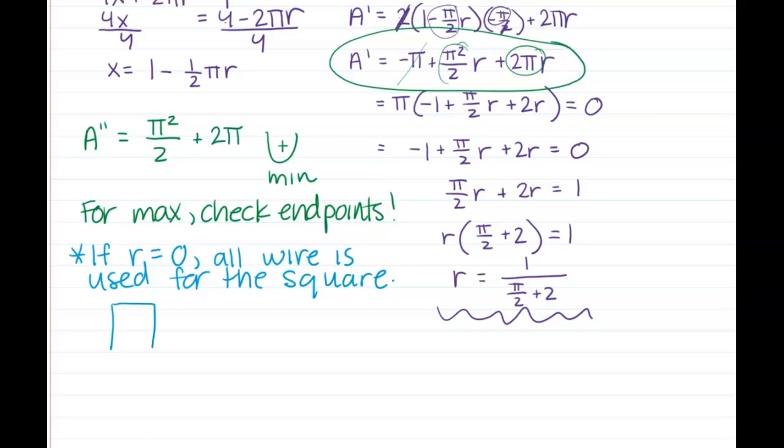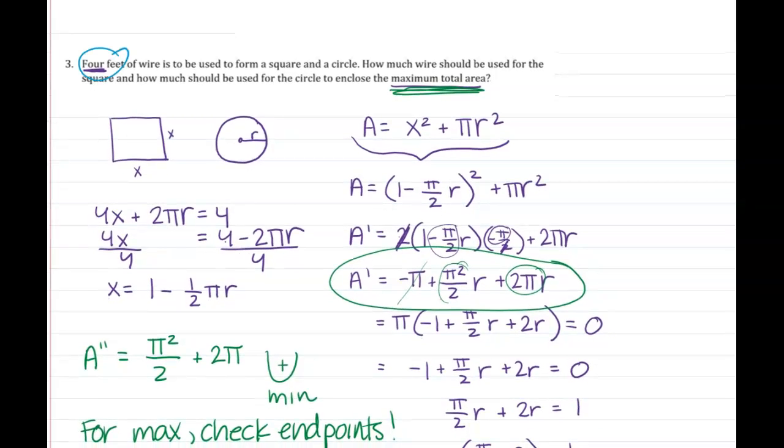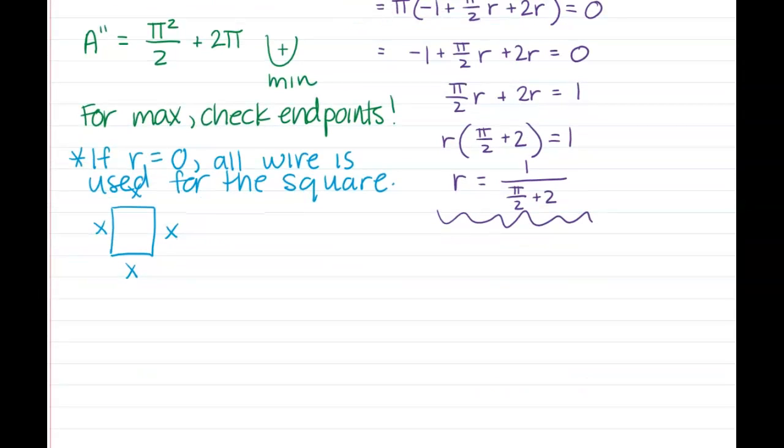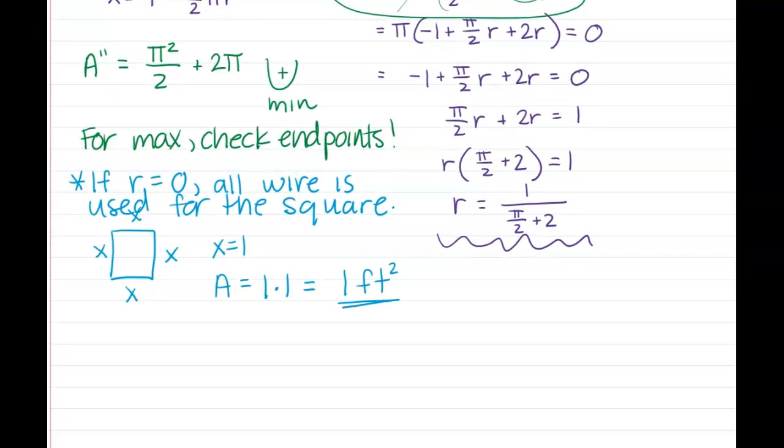And the square again looks like this. Our total was 4. We had 4 feet of wire. So if we use 4 feet of wire, that means x has to be 1, right? And so then the total area is just going to be 1 times 1, which is 1, was it feet that we had? Yeah, it was 1 square foot.